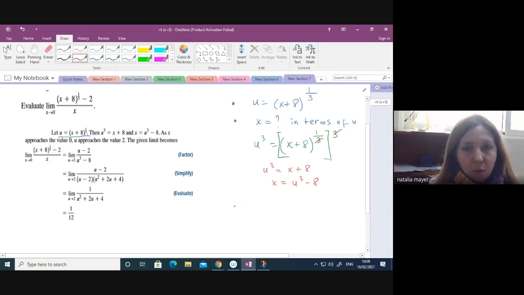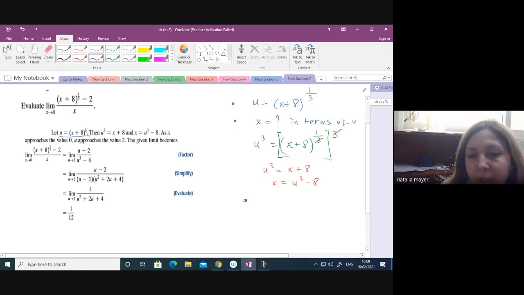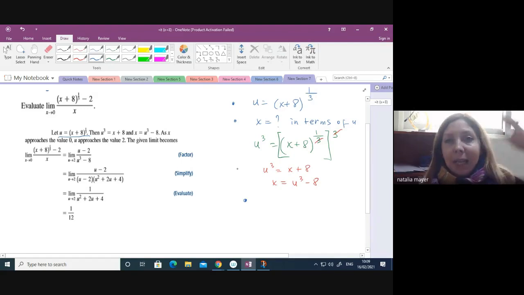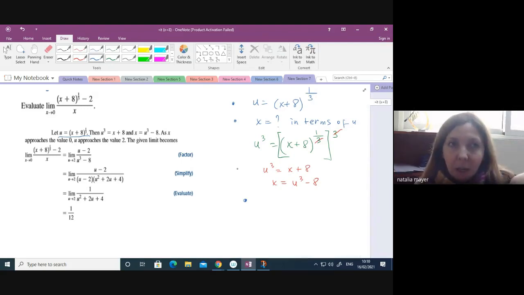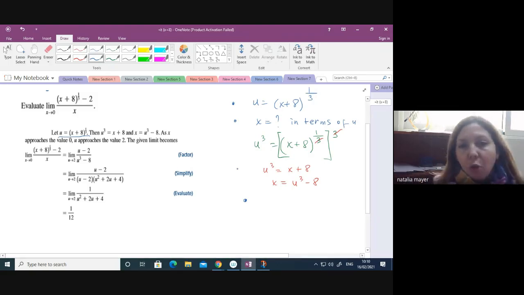And finally, how does the substitution as a method work? You replace everything related to the old variable with a new variable. You cannot have in a new expression a combination of the old variables and new variables. Why am I saying this? Because, going back to the function, I'm ready now to express this in terms of u and this in terms of u.